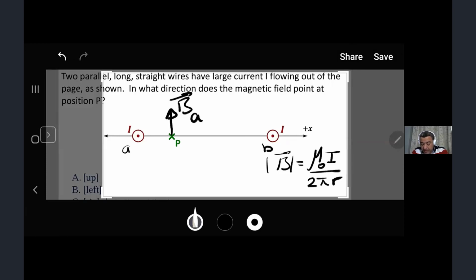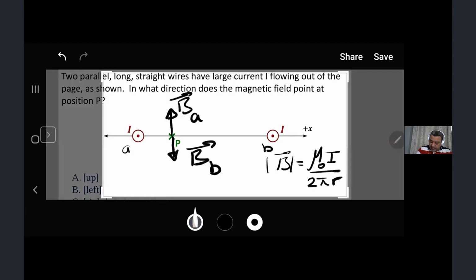However, for wire B, with the current going out of the screen and curling counterclockwise, it will result in a magnetic field that is pointing downward. So this is going to be the magnetic field pointing downward, and in this case, the net magnetic field will be pointing upward.